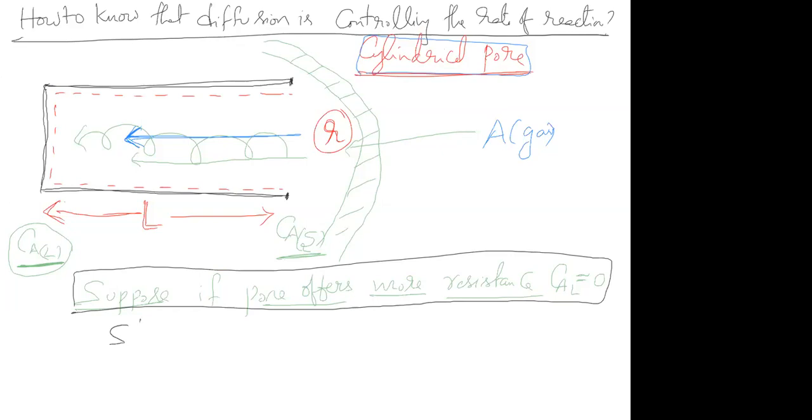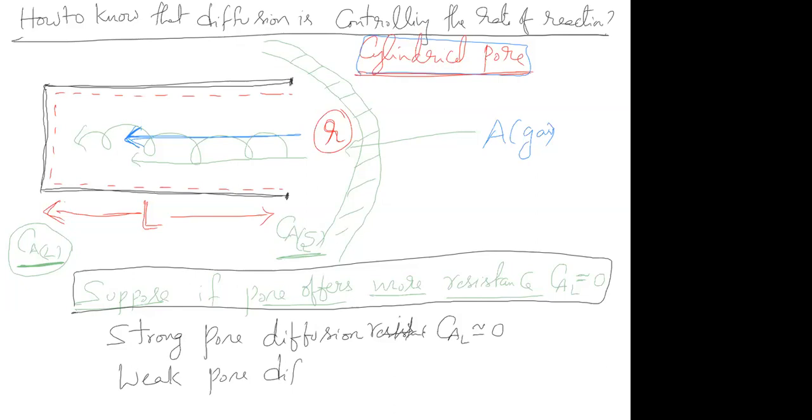That means if there is strong pore diffusion resistance, then your CaL is almost equal to 0. Suppose the pore diffusion resistance is weak, very weak, then your CaL is almost equal to CaS.